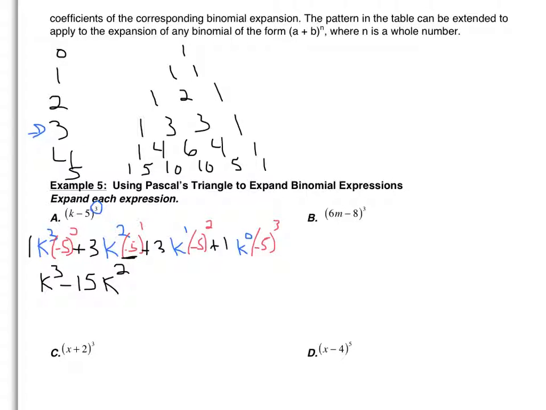And then 3 times negative 5 squared is 25, times 3 is 75k. And then negative 5 cubed is negative 125, times 1 is minus 125 k to the 0, right? But k to the 0 is really just 1.